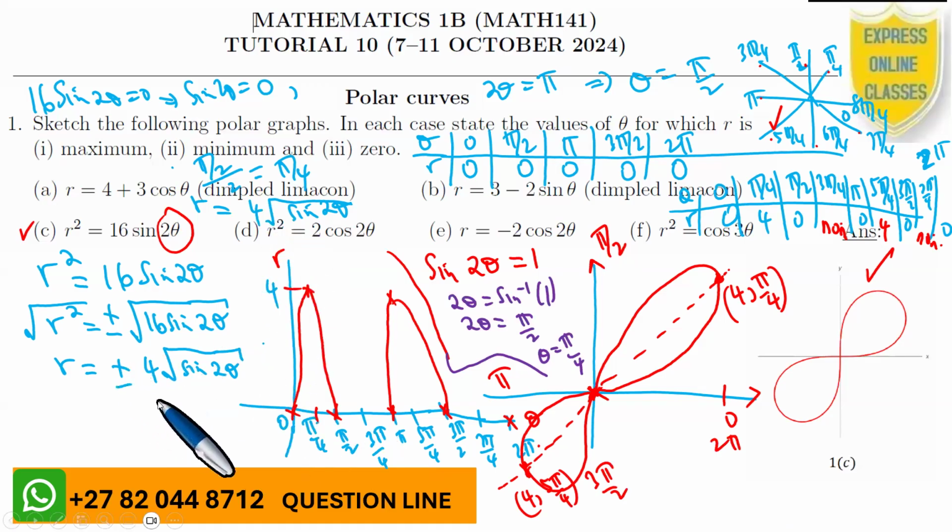What about the negative? The negative is going to be the same; if you sketch it, it's going to be on this side. This part is going to be here and this part is going to be there. So now you just do one and then the other one is the same thing.